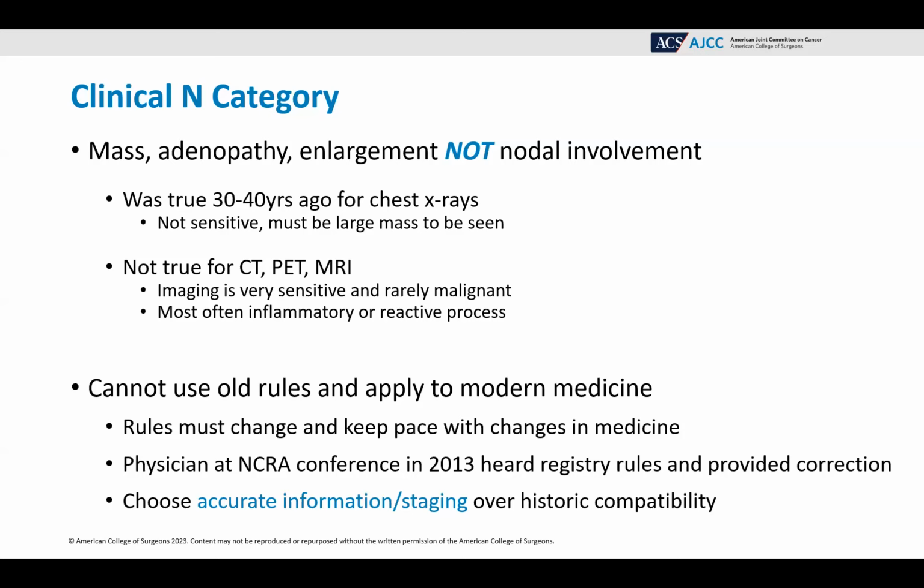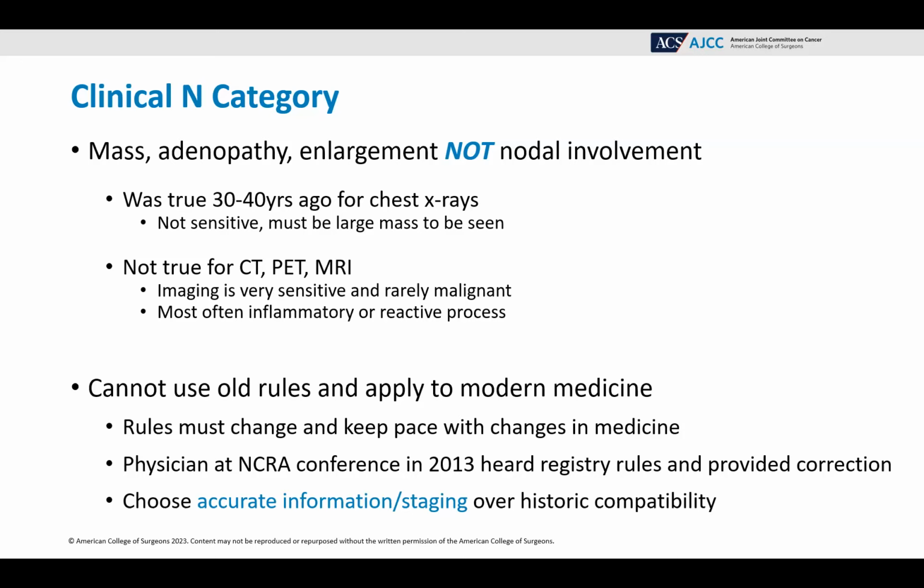Remember, registrars cannot use old rules that we've used and memorized and passed on to other registrars and apply them to modern medicine. Rules must change and keep pace with the changes in medicine. And it was actually a physician who was at an NCRA conference in 2013 getting ready to do a lecture coming up next when he was hearing a current lecture discussing these registry rules about mass and adenopathy and enlargement always meaning nodal involvement.